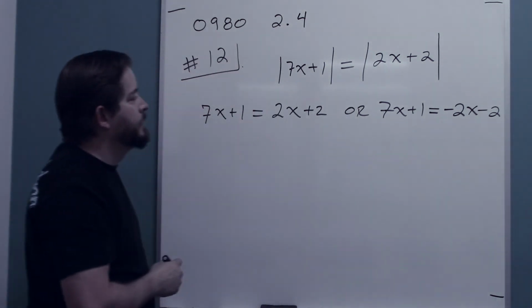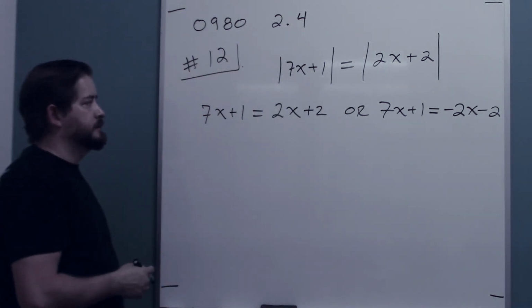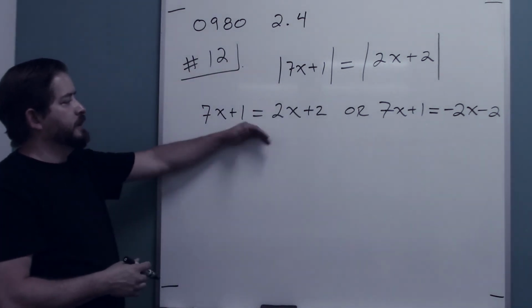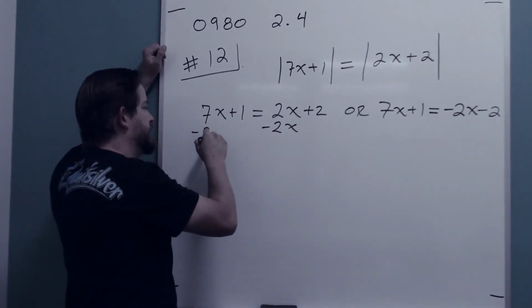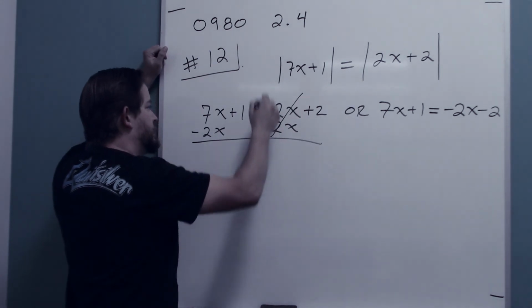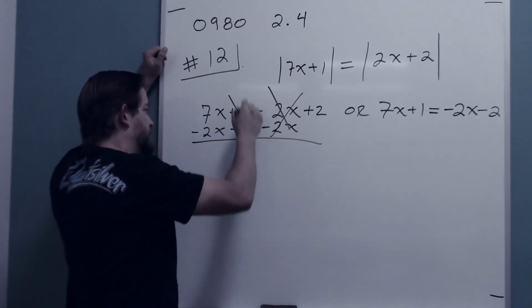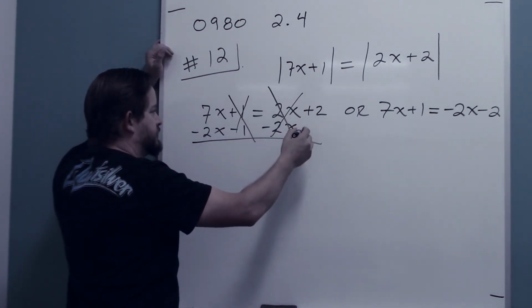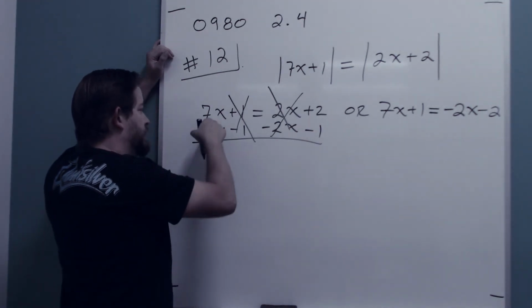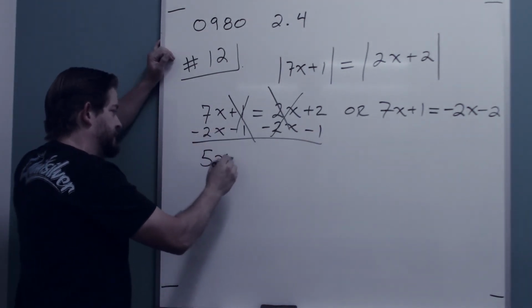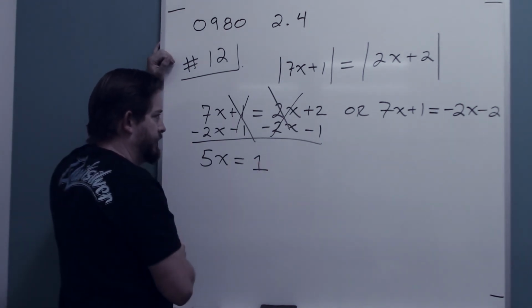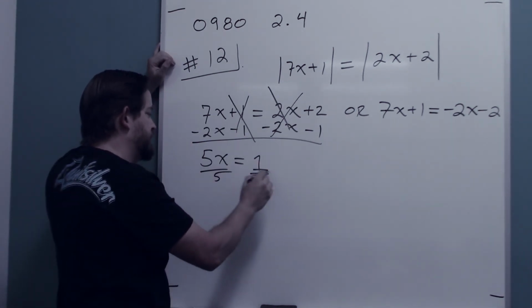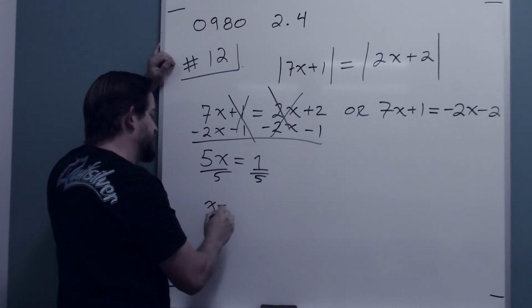Okay? And that's my statements. Right? I'll start with the left one, solve it by subtracting 2x on both sides to get the x's to the left. Subtract 1 to get the 1's to the right, or the non-x terms to the right. Right? This leaves me with 5x equals 1. Divide each side by 5. I have x equals 1/5.